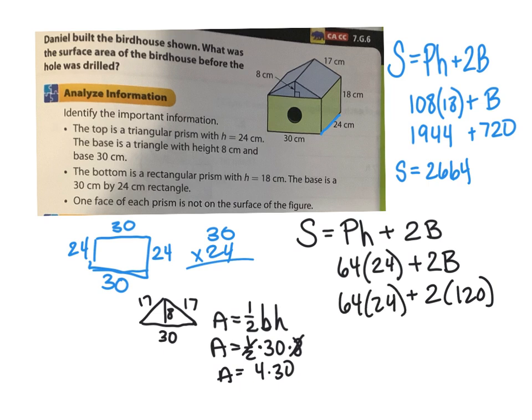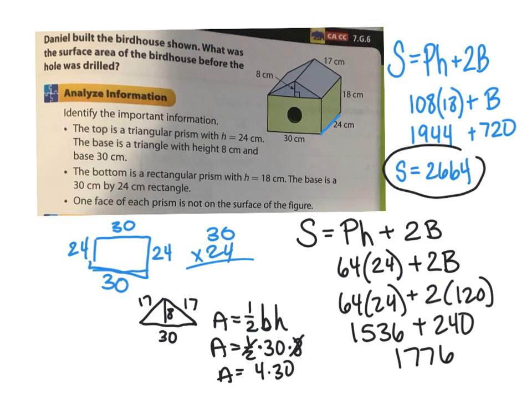I'll get my calculator out. Well, this one I can do in my head, it's 240. 64 times 24 is 1,536. Add that together. And that's going to be 1,776. Okay. Before I go adding this one together with this one, there's one more thing I have to address.